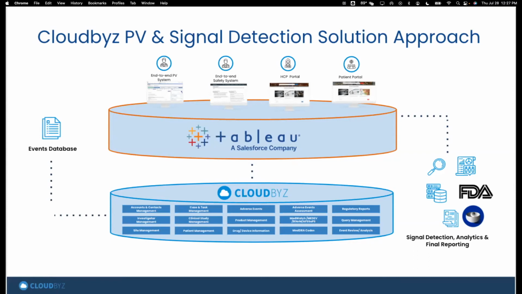So that's how we are leveraging the power of the Salesforce platform to deliver the next generation of end-to-end pharmacovigilance and signal detection processes, allowing our users to log in once and do everything they need to do. All right, so I think this will set the scene nicely for my colleague Manoj.